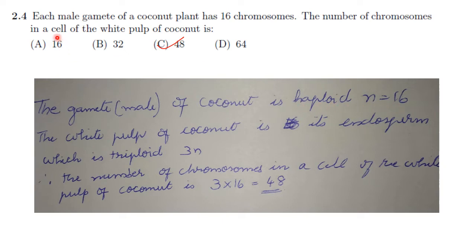Then they have asked for the number of chromosomes in a cell of the white pulp of the coconut. The white pulp of the coconut is nothing but the endosperm of the coconut, which is triploid. So it will be 3n. So the number of chromosomes in a cell of the white pulp of coconut is 3 into 16, that is 48. So answer is option C, 48.